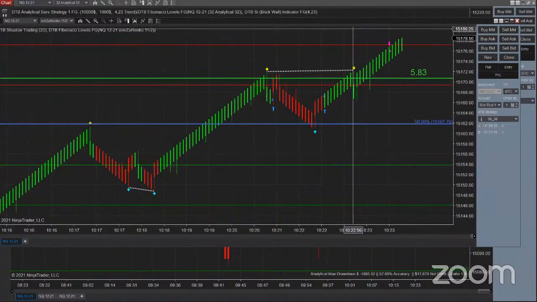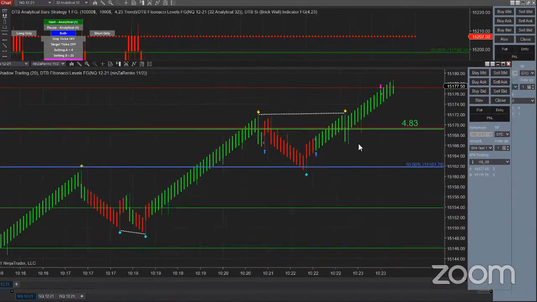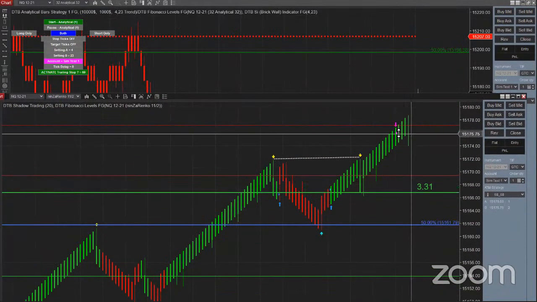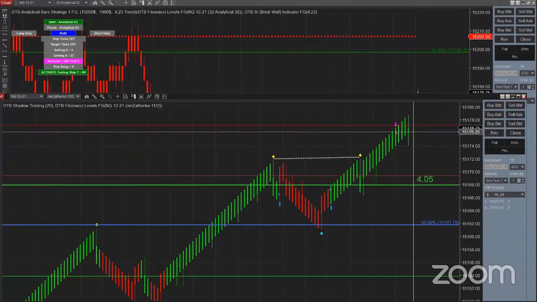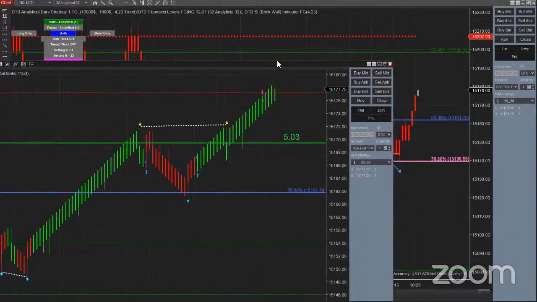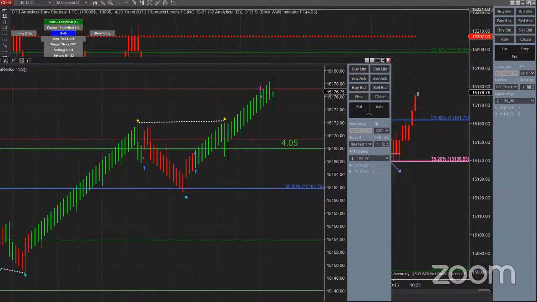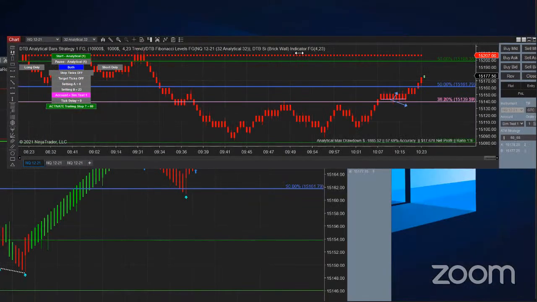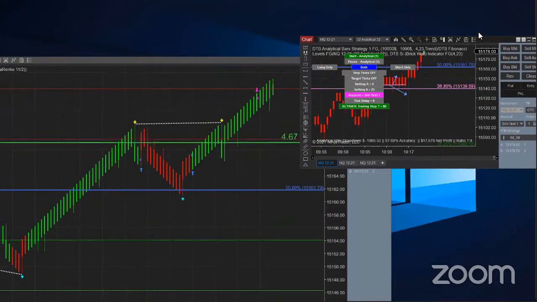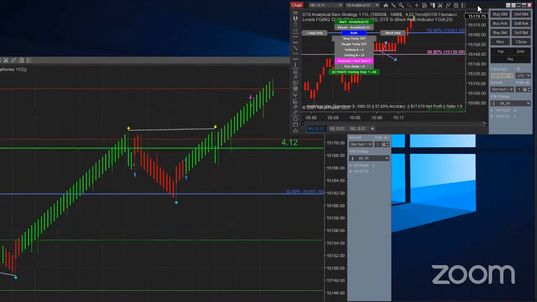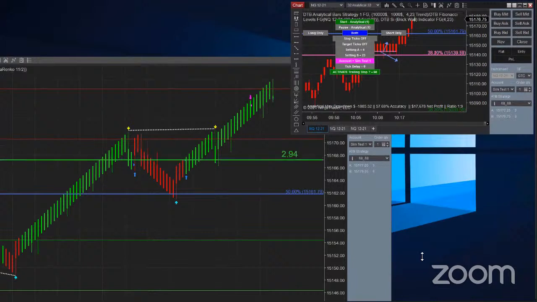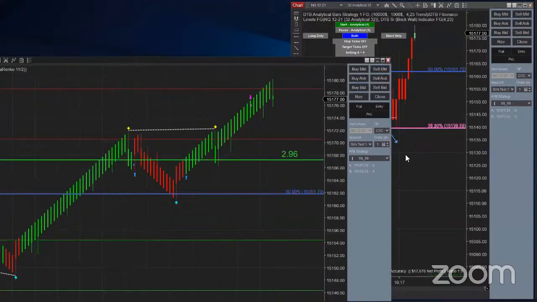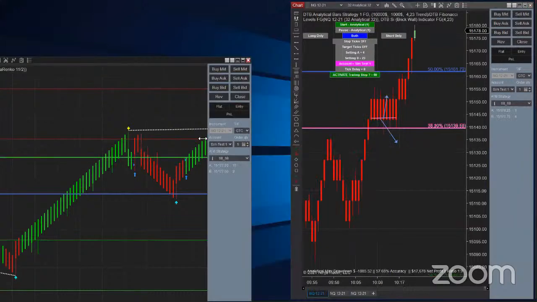You can also just let it run. Another thing you can do is let your trade run until you see the price break down a bar, so you could also use that as a trailing stop. You can have this on another screen or even right next to this chart, where you're looking at your 50% like this, and then you've got this one right next to it, which is giving you your entries.